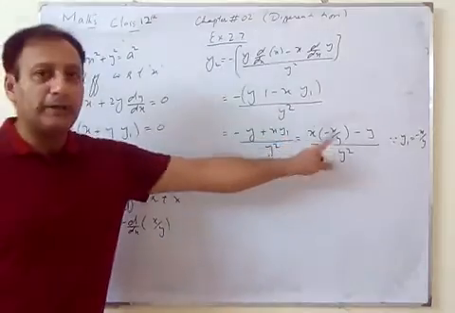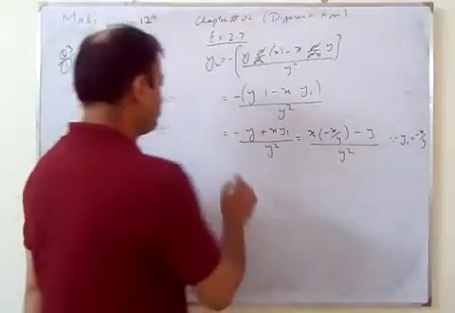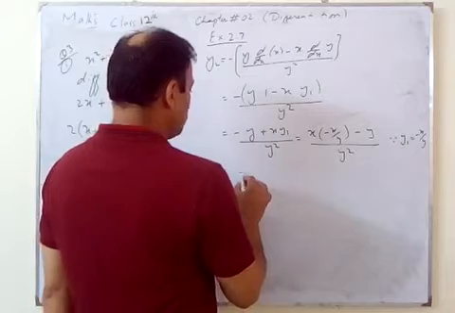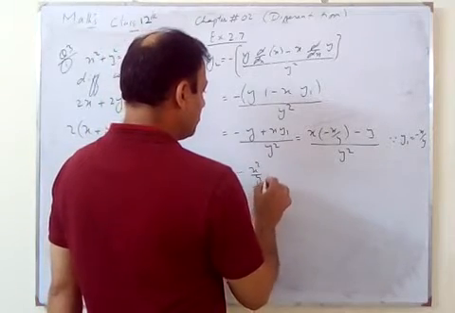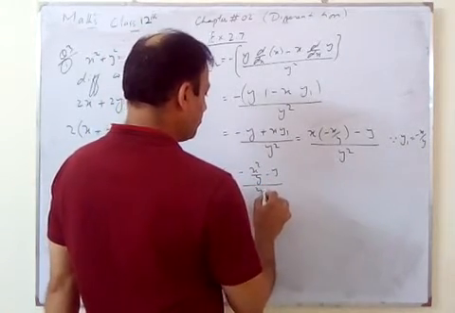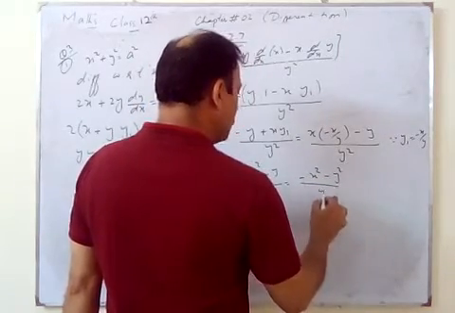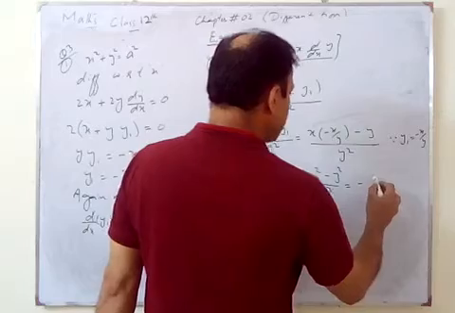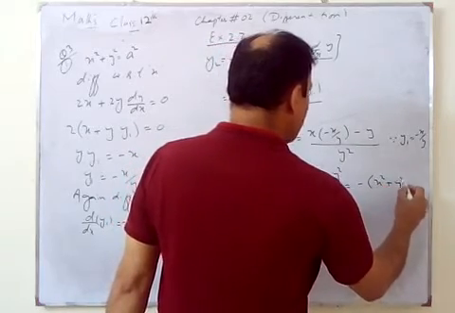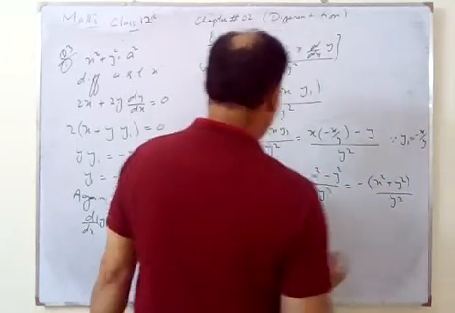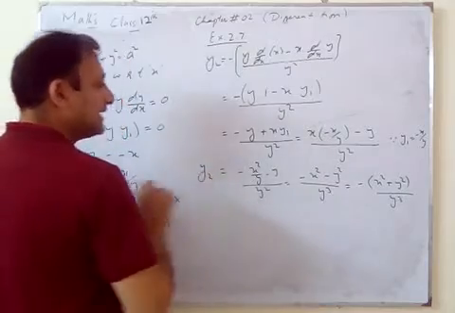So we substituted the value of y1. So minus y minus x square by y, or minus x square plus y square whole divided by y cube, or minus is common, so x square plus y square divided by y cube. This is the second derivative.